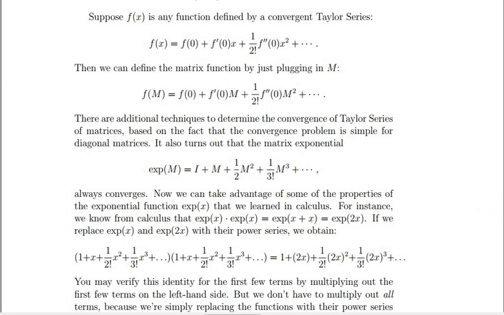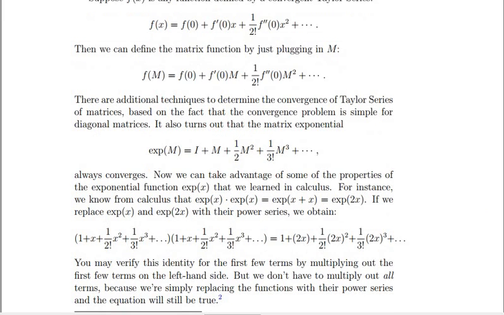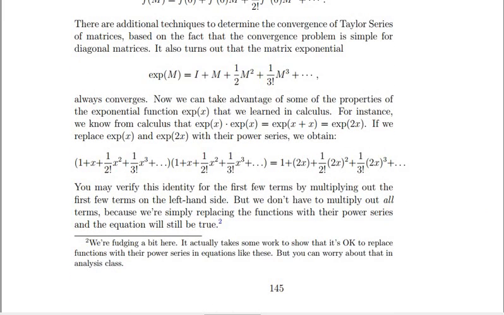Right. Now, we can actually do something with this. If we have this matrix exponential expressed as a power series, we can multiply these power series together and get a result.